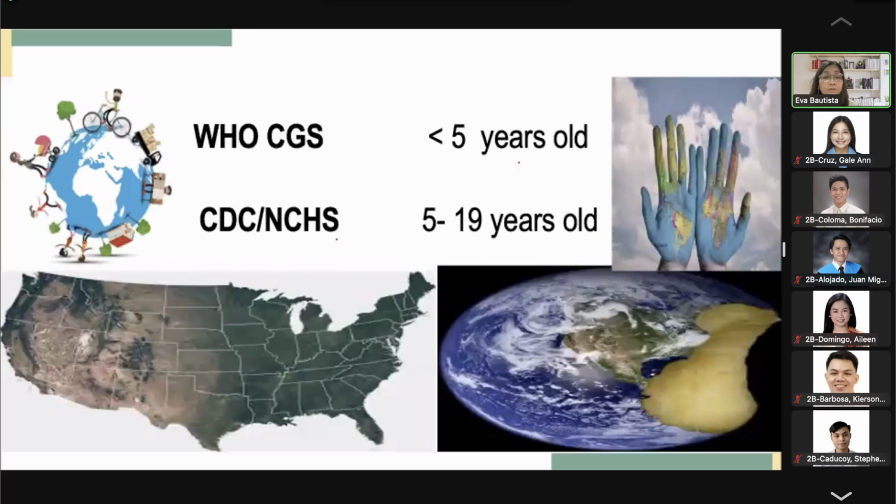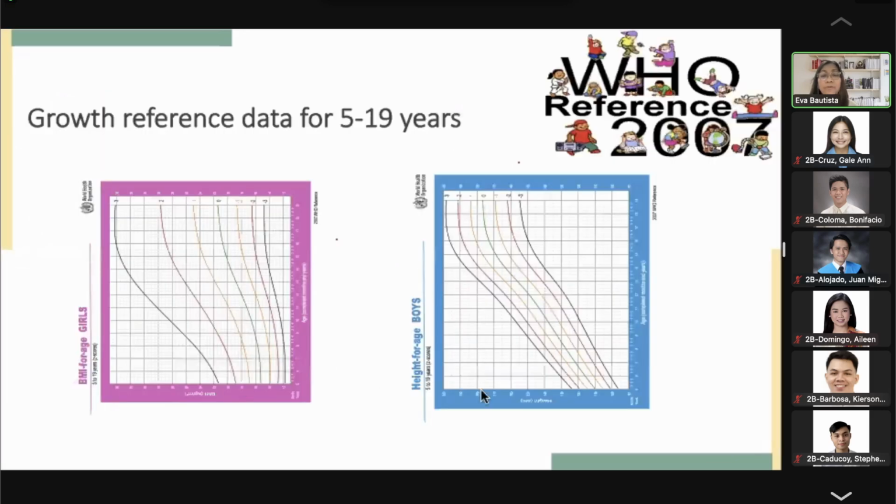Cohorts of newborns were chosen from different countries, Brazil, Ghana, India, Norway, United States, using specific inclusion-exclusion criteria. All infants were breastfed for at least 12 months and were predominantly breastfed for the first 4 months of life. That's the basis for this growth chart. This is how they grew, and they plotted it and used it as the norm. So the norm is that of an exclusively breastfed infant for 4 months, and maybe mixed fed starting at 4 months, but given breast milk until 12 months of age.